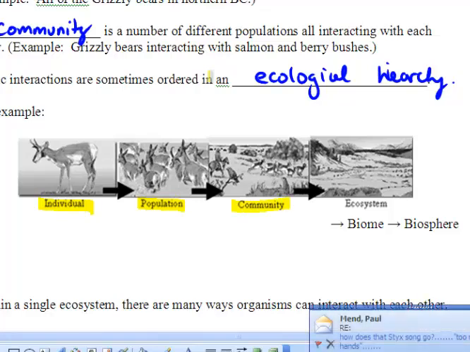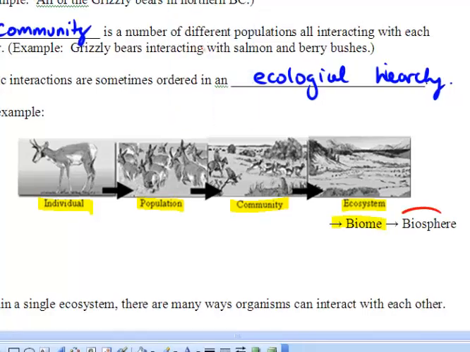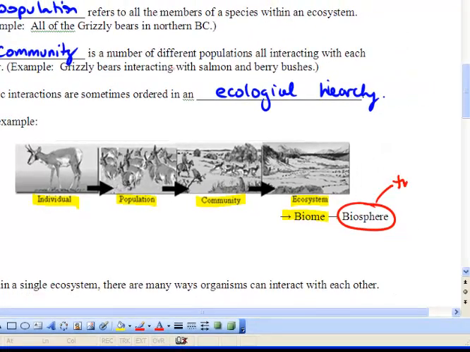So that's multiple and multiple different species interacting with each other, and that goes to an ecosystem, which has a whole bunch of different abiotic and biotic factors, and then it goes into a biome, and then finally our last one, it goes into the biosphere. And we talked about the biosphere being the thin layer on Earth where life exists.